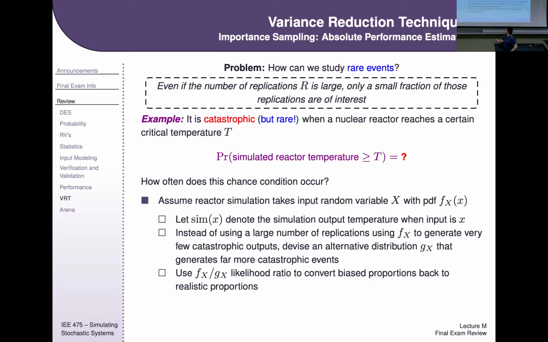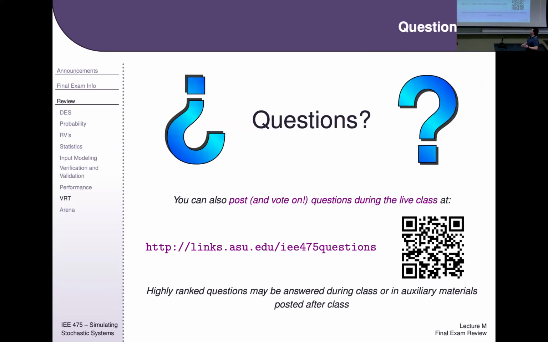An alternative is, if you really care about estimating how infrequently that situation occurs, you can try to simulate a version of the world where you get failures every day, and then you can rescale that frequency to the real world. That's importance sampling. All right, any questions about that, VRT?